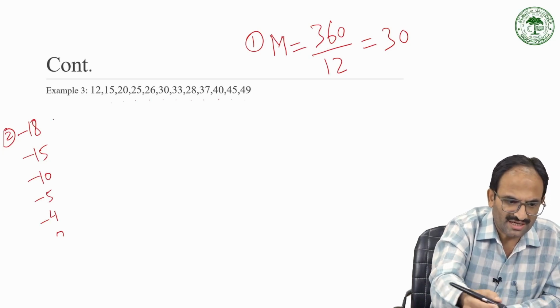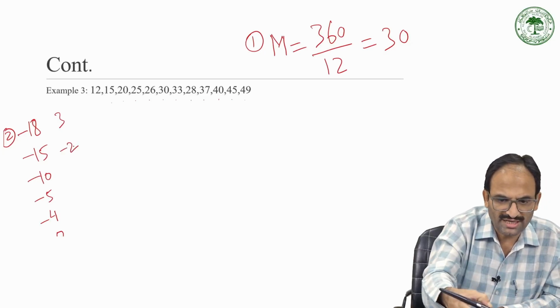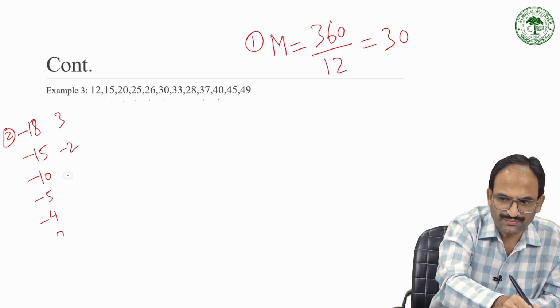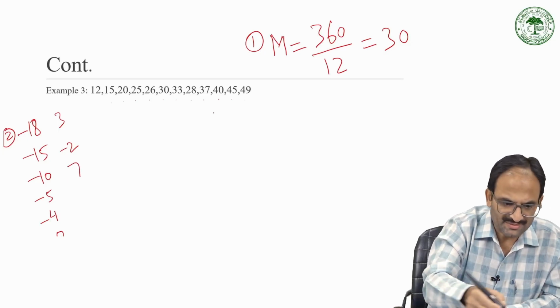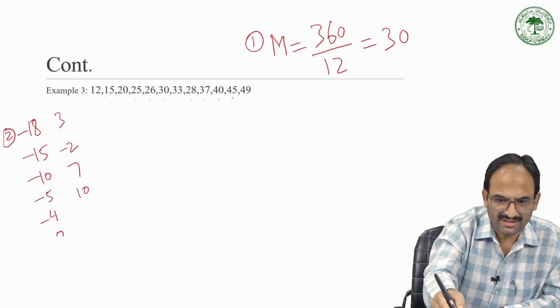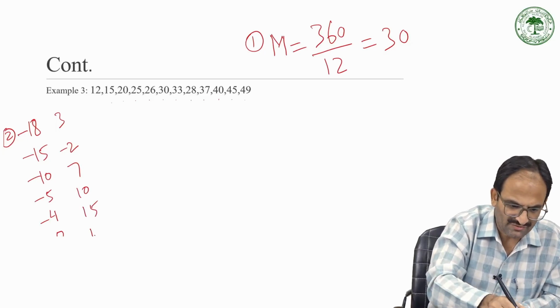Then comes 33, so you will get 3. Then comes 28, so you will get minus 2. Then comes 37, so it is 7. And then comes 40, so it will be 10. Then comes 45, so it will be 15. Then comes 49, so it will be 19.